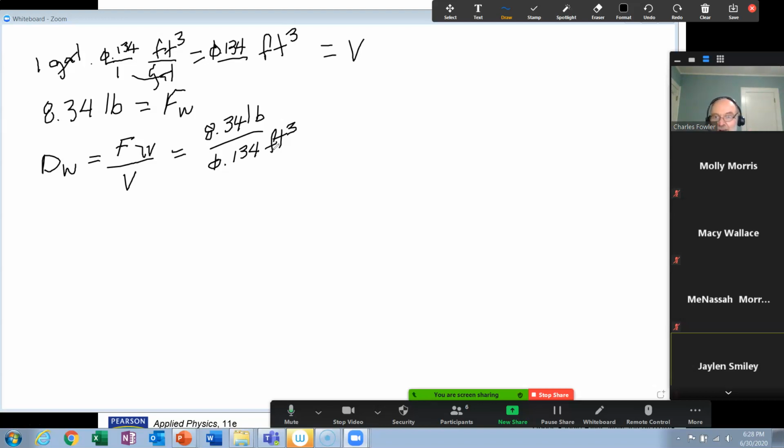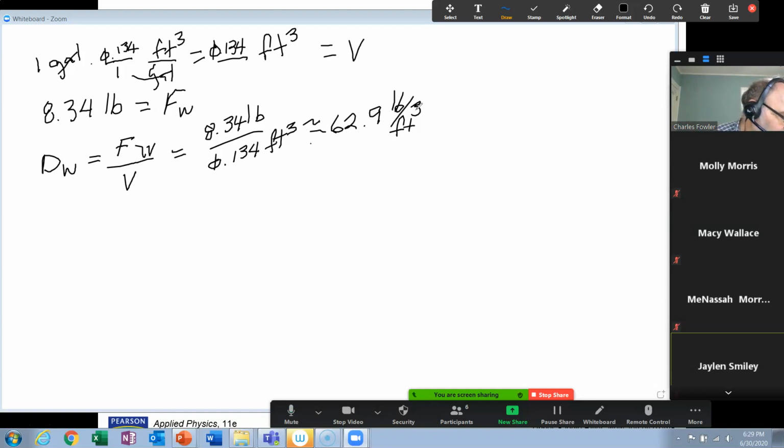Okay, pull up the calculator. 8.34 divided by 0.134. 3 digits everywhere, and that gives us 62.9 pounds per cubic foot. Now we know that doesn't sound right, does it? Because water is supposed to be 62.4 pounds per cubic foot.